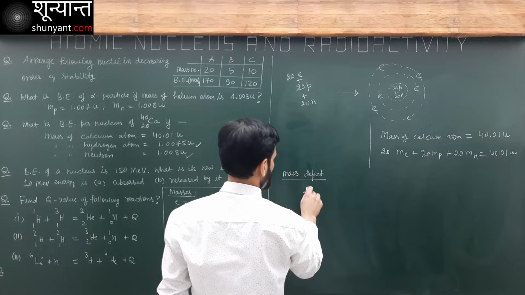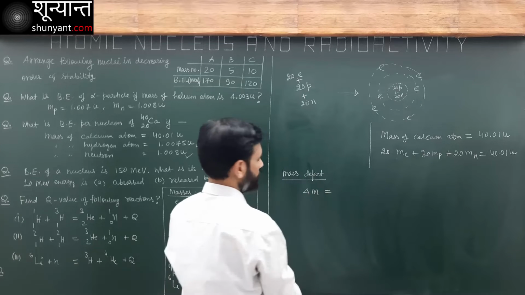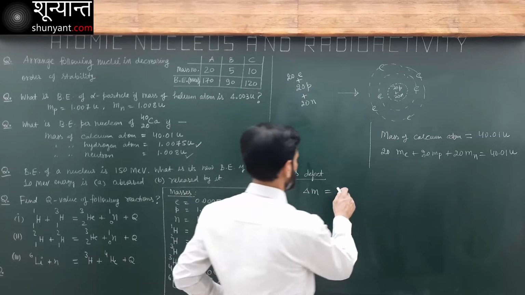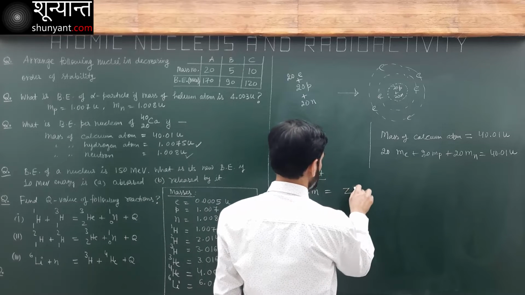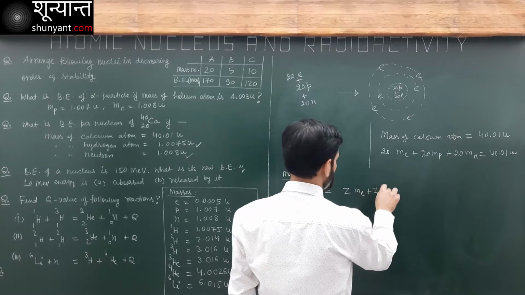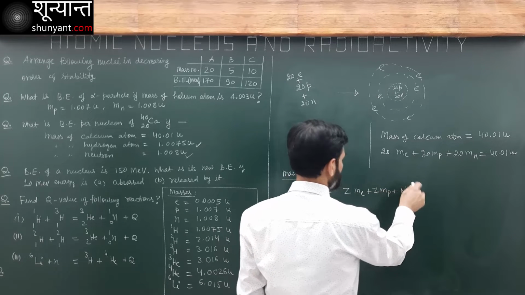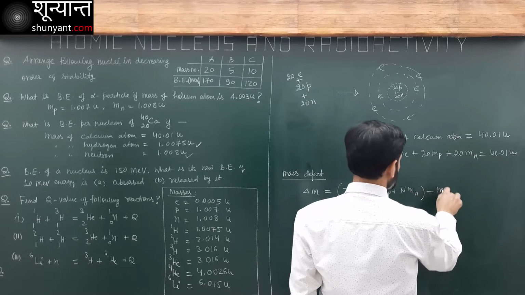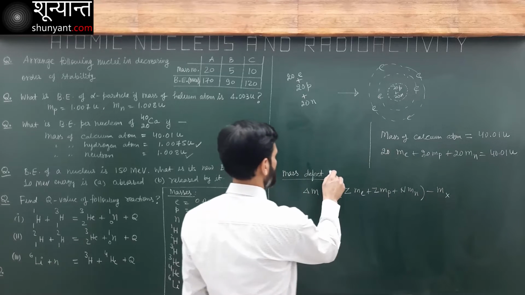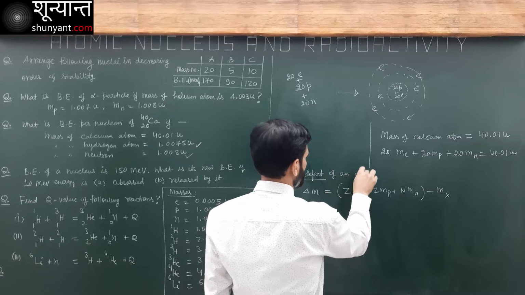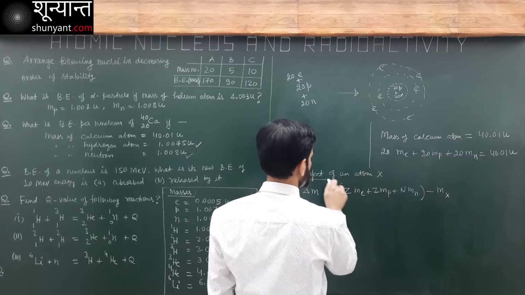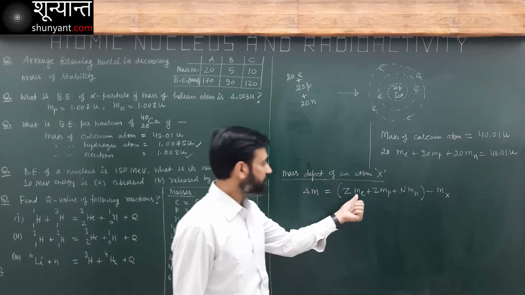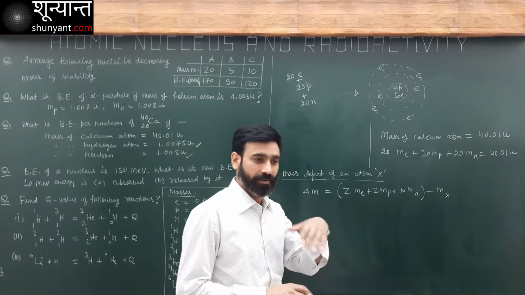Mass defect delta M is equal to, let's make use of that relation that we discussed in the previous lecture. It is equal to Z times mass of electron plus Z times mass of proton plus N times mass of neutron minus mass of that atom X. Now here the mass of electrons get subtracted.